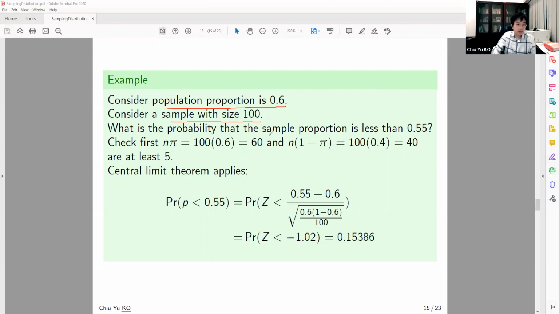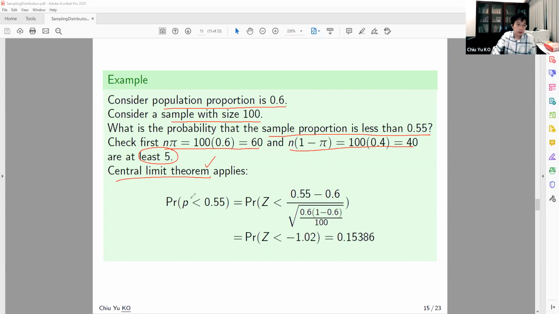What is the probability that the sample proportion is less than 0.55? So n times pi is 60 and n times 1 minus pi is 40. They are more than 5, so the central limit theorem would apply.